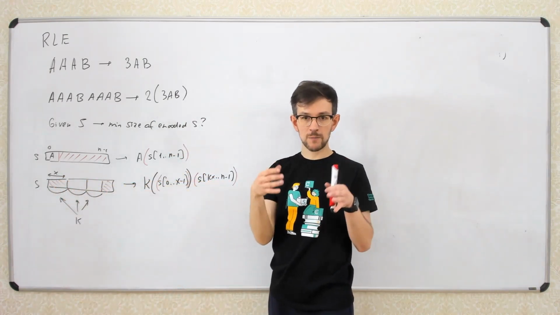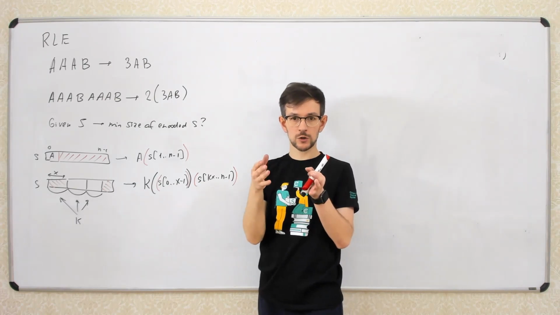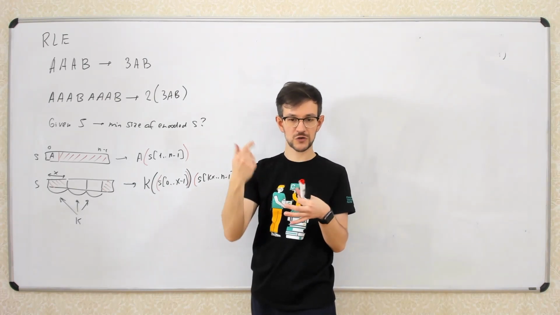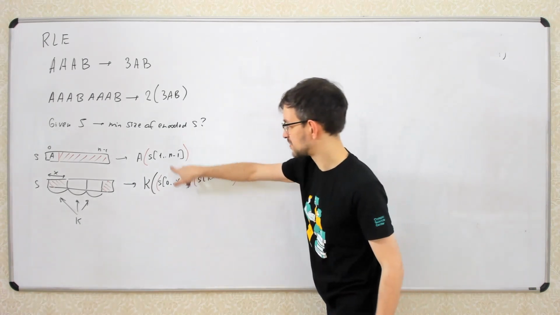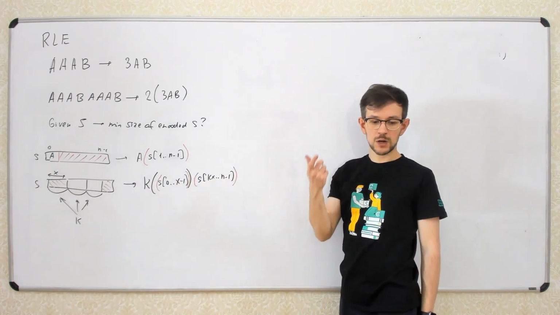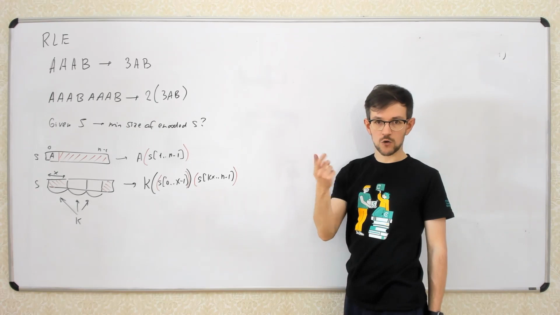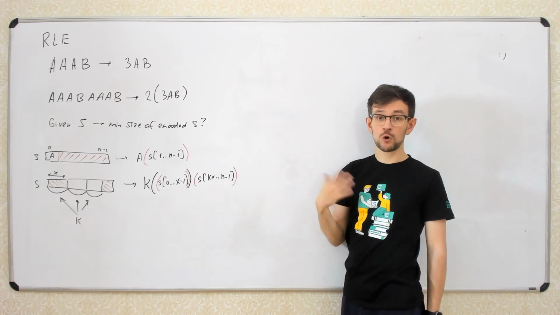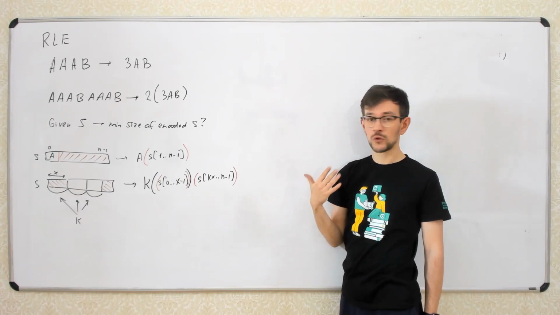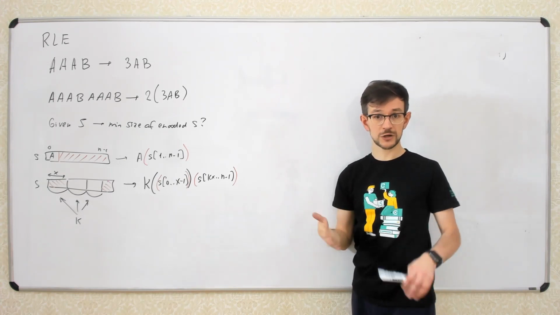So each time, each of these problems is on some substring of the string S. So what we'll do is solve the problem for all possible substrings of string S.